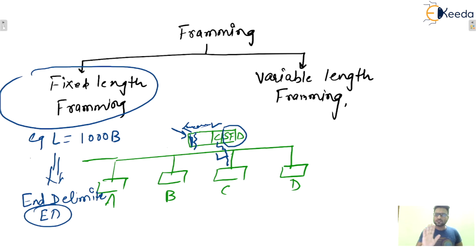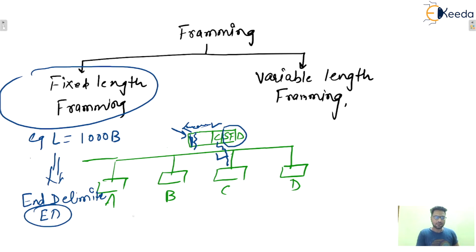So after 1000 bytes, it will not read. So in fixed length framing, the advantage is that there is no need of the ending delimiter. The ending delimiter is used in variable length framing. I hope this one is clear to everyone.